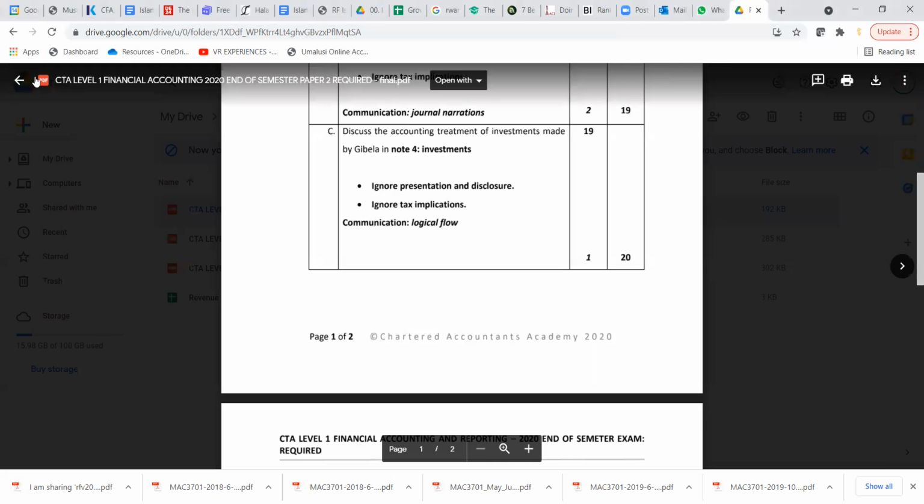Okay, I'm going to get to the scenario now. So remember what we need to do, discuss the accounting treatment based on note 4.